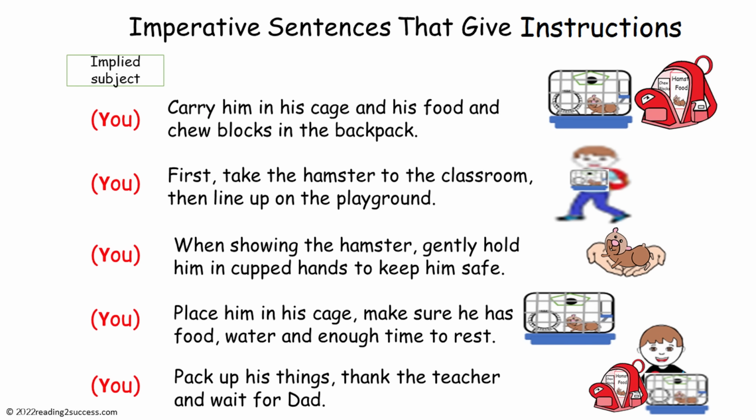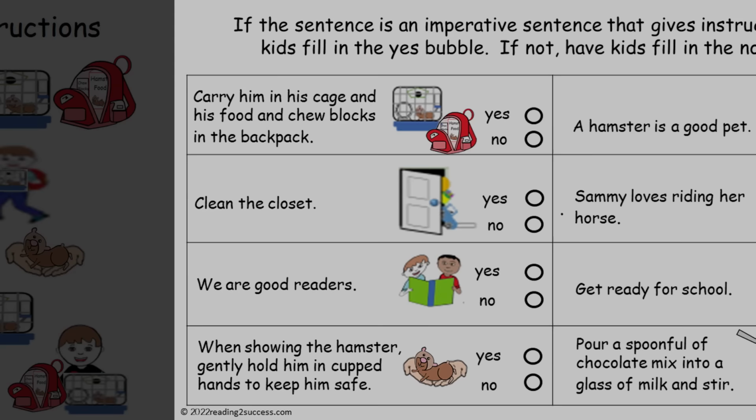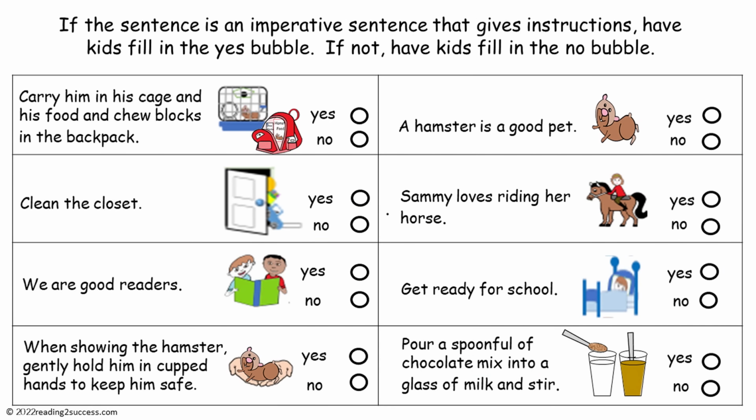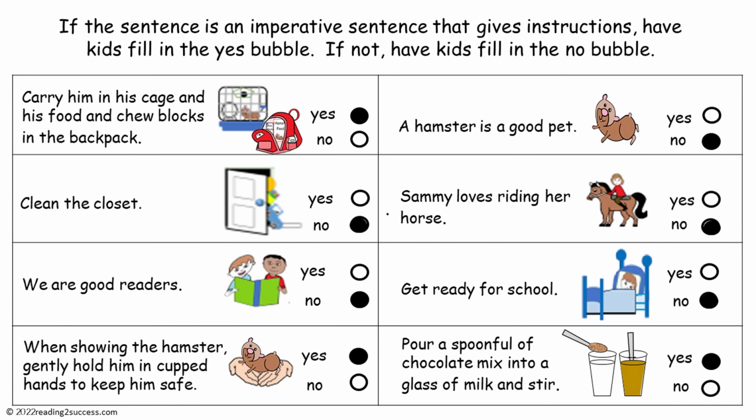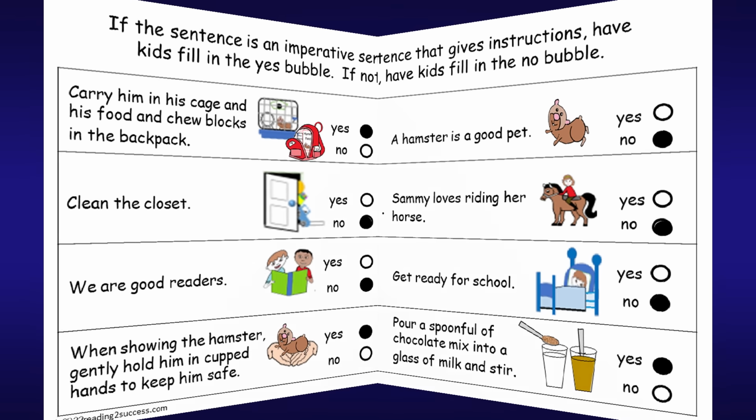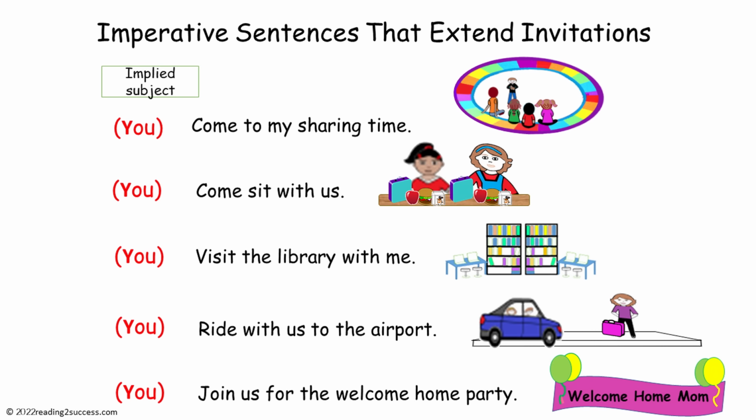Now, with kids, read the imperative sentences that give instructions. Have kids complete the practice page. And this is the completed practice page. Now, with kids, read the imperative sentences that extend invitations.